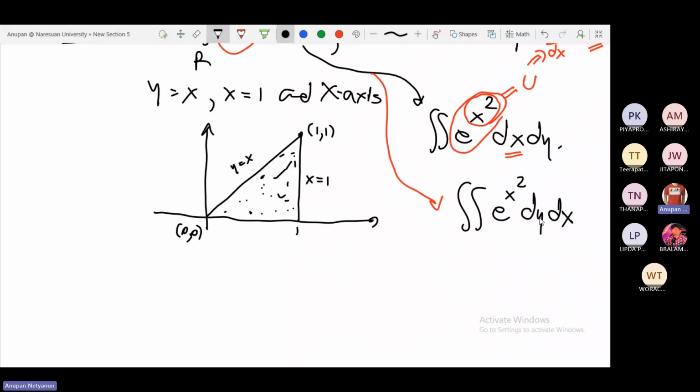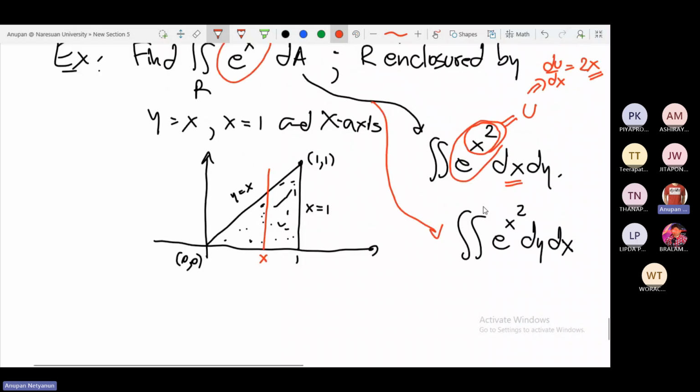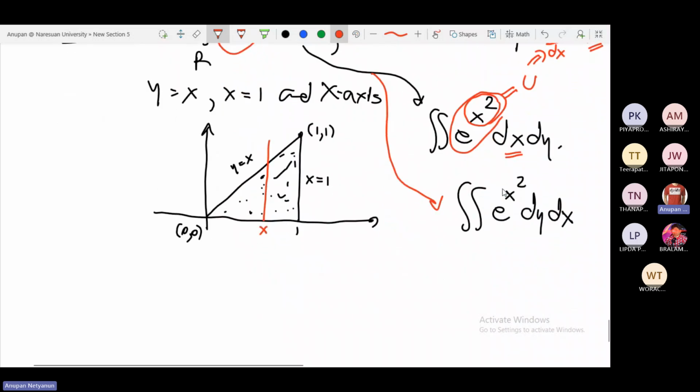So we're looking at any constant x, and then we have to find the running numbers for y. Again, your function has to be in the form of y equal to something, which is good.